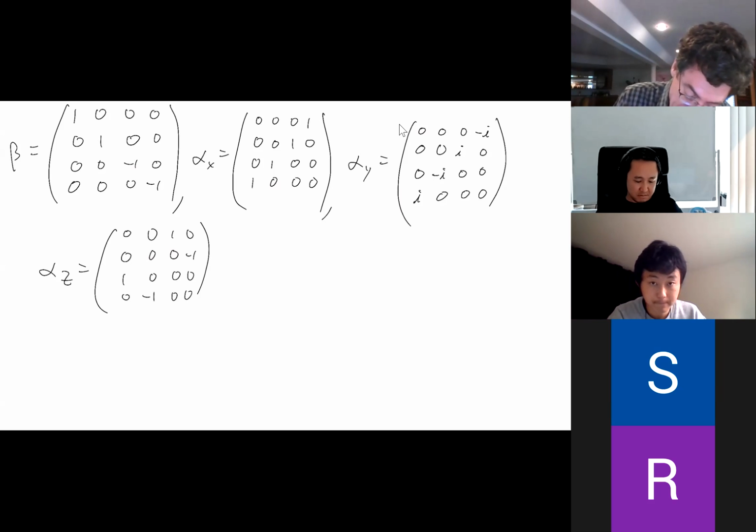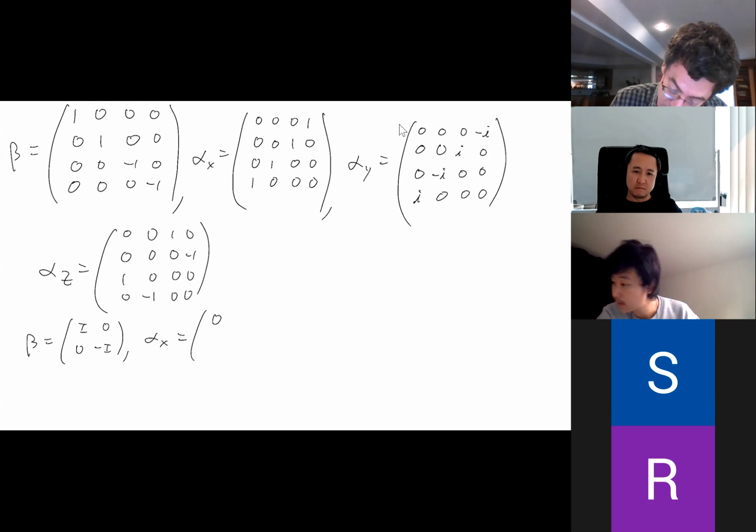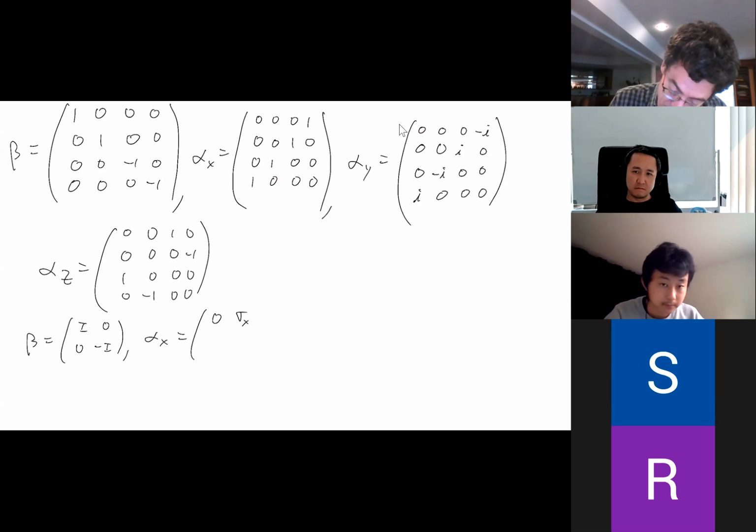The shorthand is to say that beta is equal to I, 0, 0, minus I. Alpha x is equal to 0, sigma x, sigma x, 0.